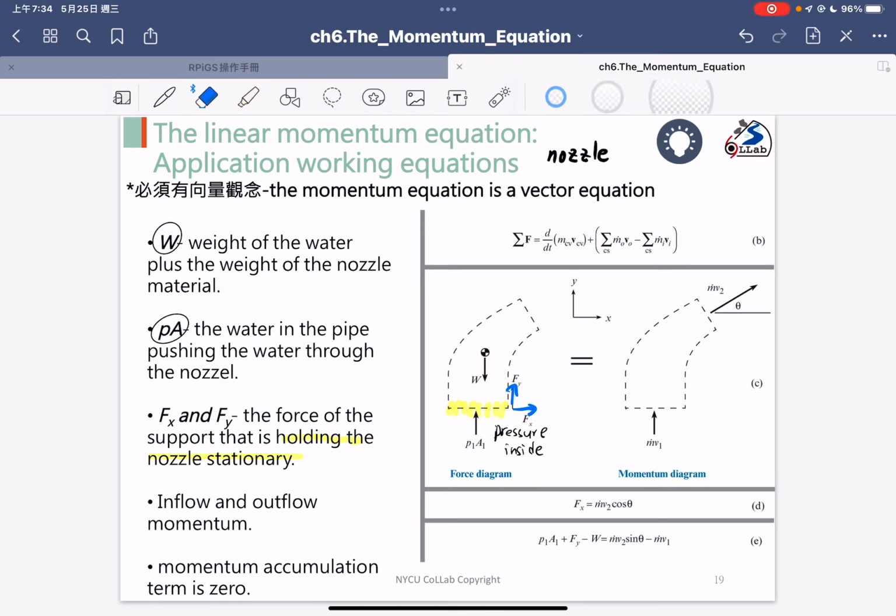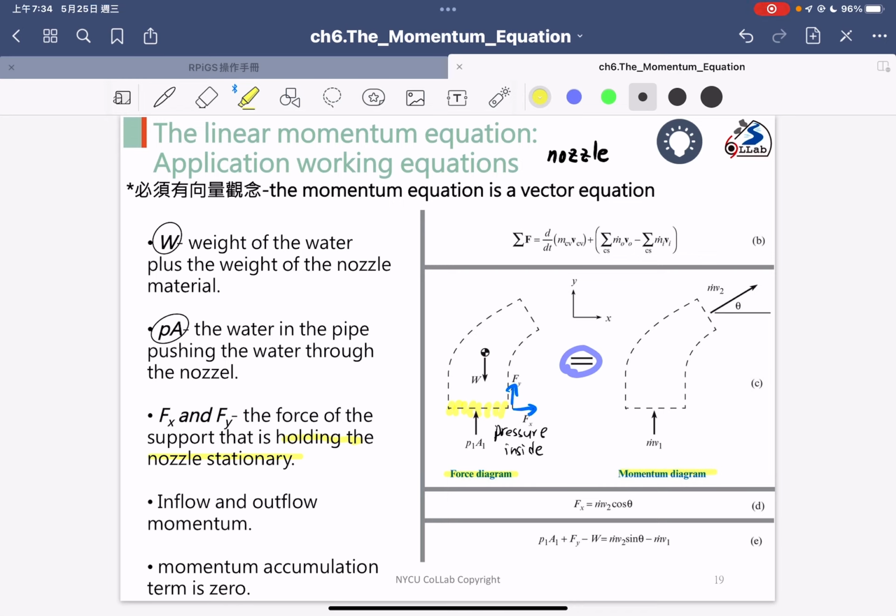So this is the left hand side. We summarize all of the forces in the force diagram, and that will equal the net momentum flow rate summarized in the right hand side. We call that the momentum diagram.